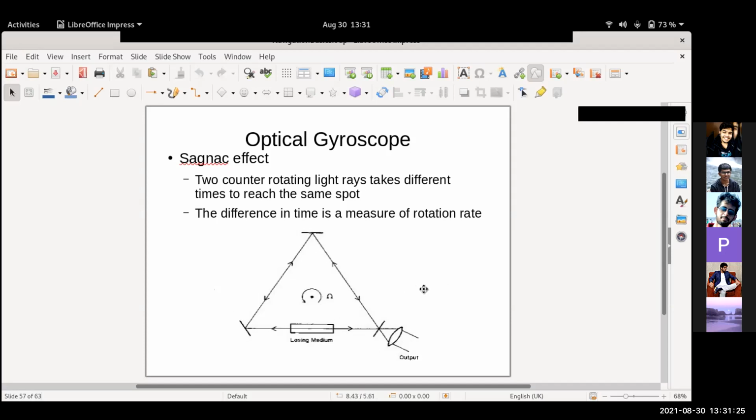Even though they started with the same phase, they will arrive at a different phase. This difference in phase will appear as an interference pattern. So depending on the width of the interference pattern and how they are moving, you can measure the rotation rate of the system. These are called optical gyroscopes.